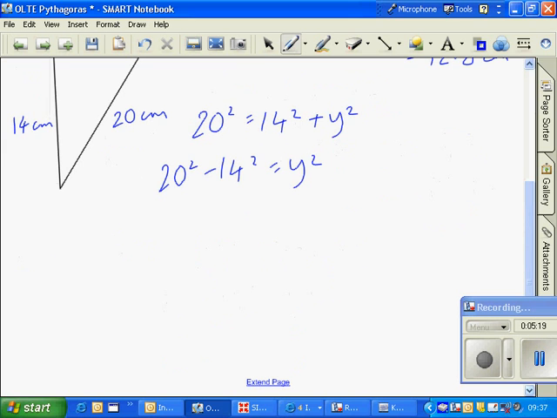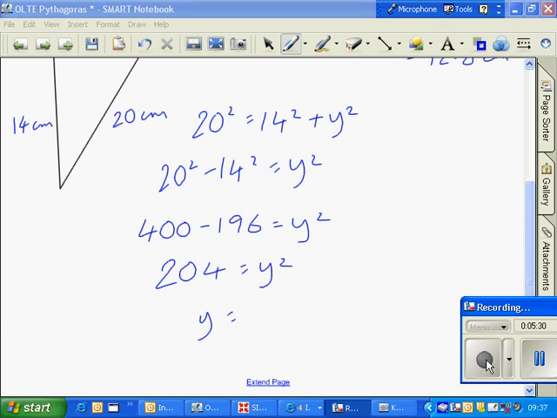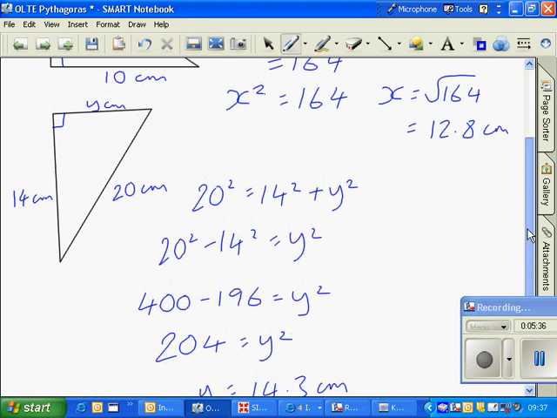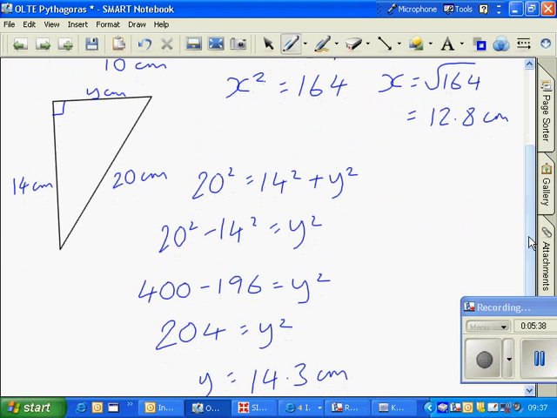So 204 is equal to y squared. So y is equal to 14.3 centimetres. Again, we check back up the original diagram. The 20 centimetres is the hypotenuse, therefore your side must be shorter than that, and it is 14.3, therefore that should mean that we have the correct answer.